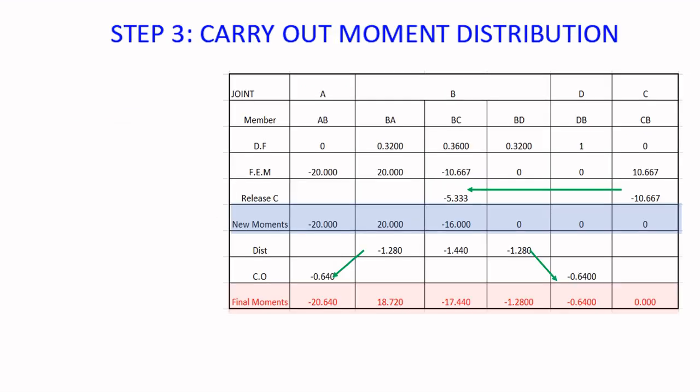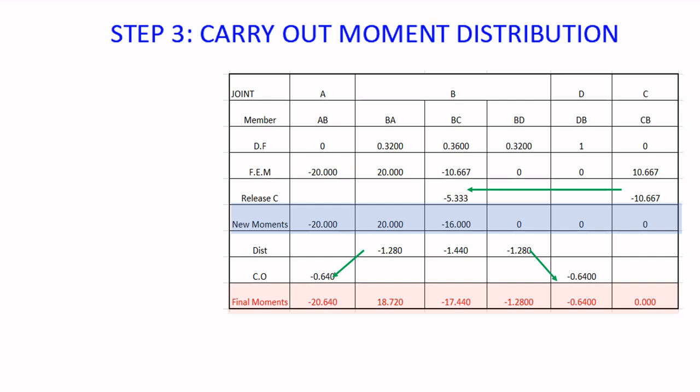Now the next step is to carry out the moment distribution. So you usually prepare a table as shown. You have the joint, the member, the distribution factor, and the fixed end moment. So we are going to populate the table. For AB, we have a fixed end moment of negative 20. For BA, it's positive 20.